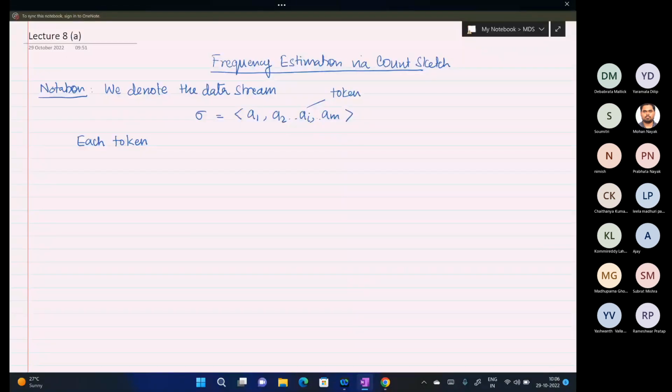Okay, fine. So I was recalling the notation. We denote our data stream by this symbol rho, which has elements A1 to AM, and we call these elements tokens. Each token is drawn from a certain universe, and we assume that it is a number from 1 to n.